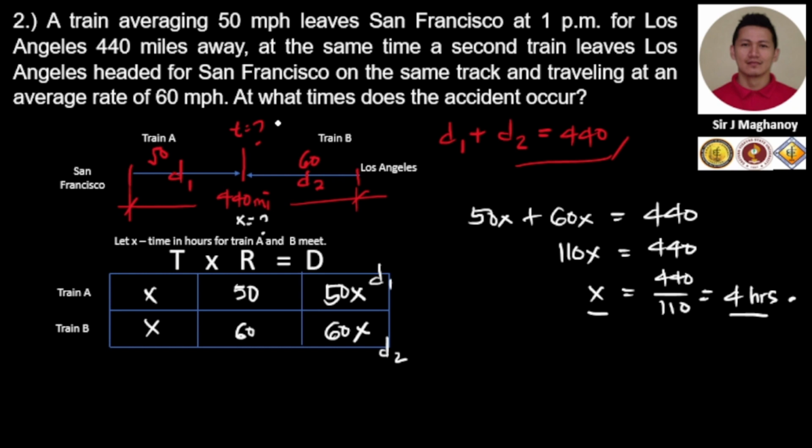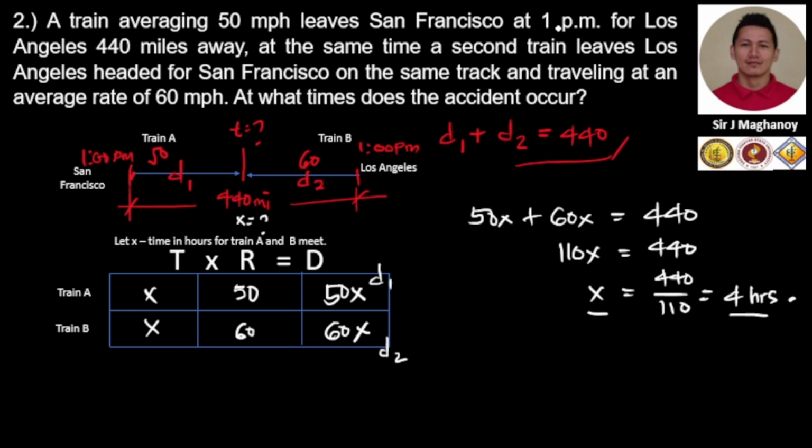But wait, the question is, at what time does the accident occur? In the problem, both trains leave their locations at the same time, 1 p.m. The train leaves San Francisco also at 1 p.m. So that is 4 hours later. Since the trains left at the same time, 1 p.m., they will meet 4 hours later.